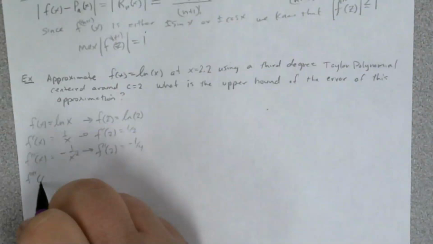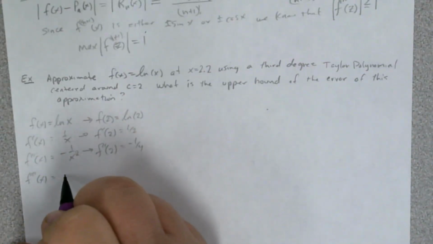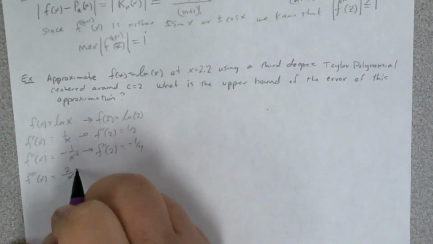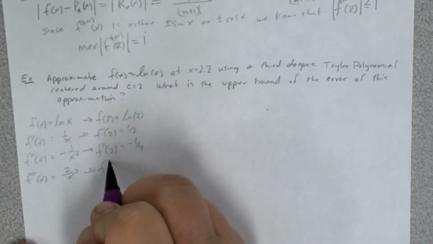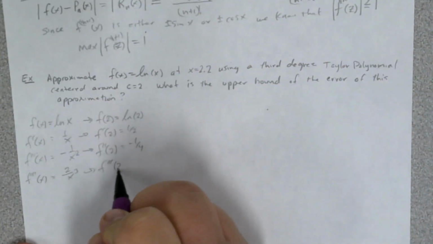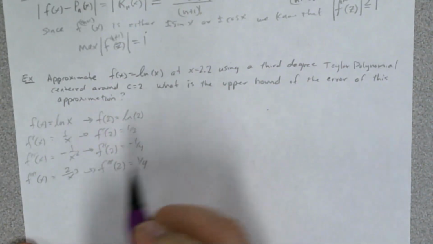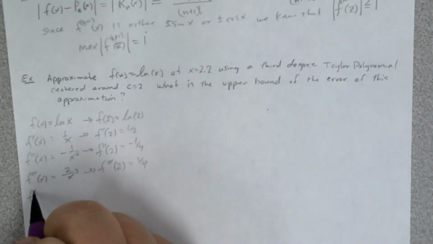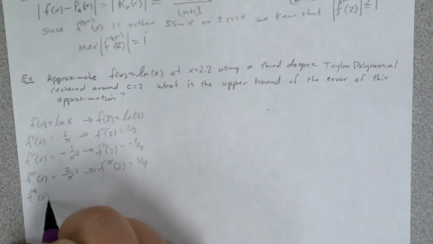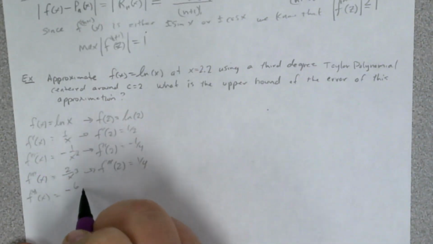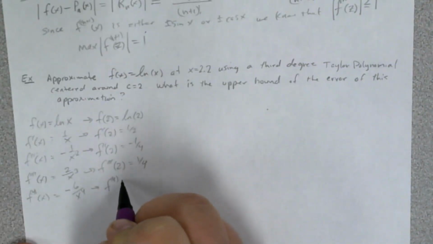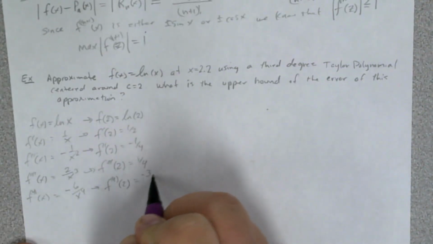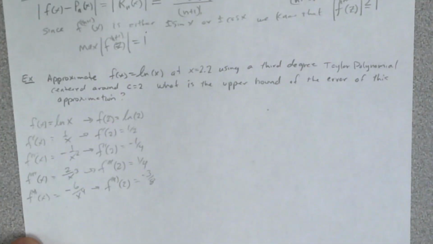Our third derivative is 2 over x to the third, so at 2 is 1/4. And then our fourth derivative is a negative 6 over x to the fourth. So our fourth derivative at 2 is a negative 3/8. Okay.